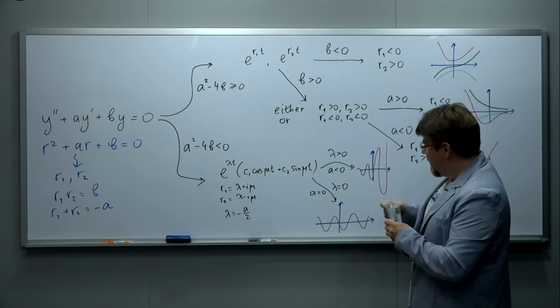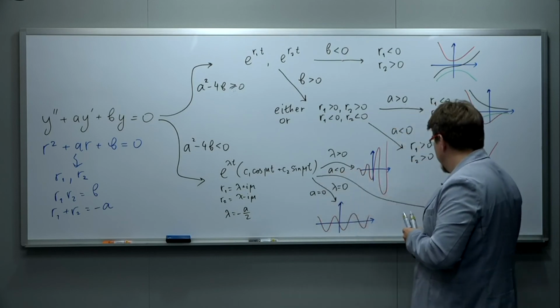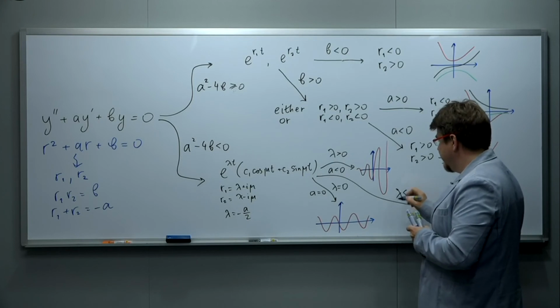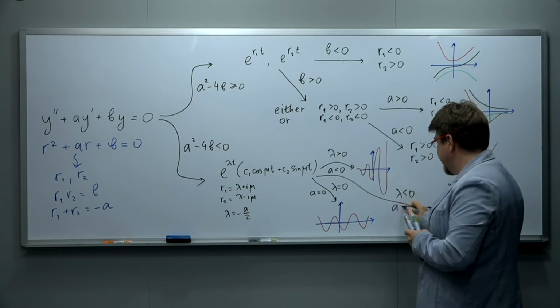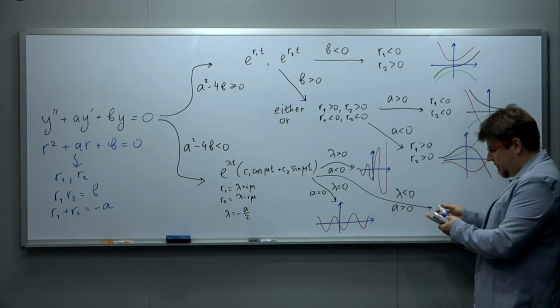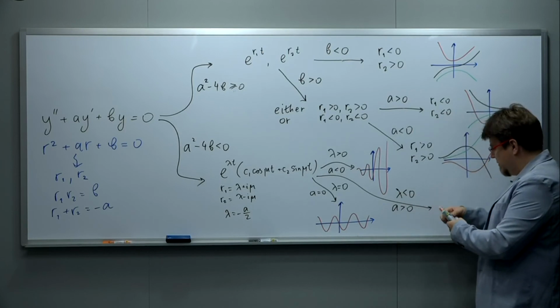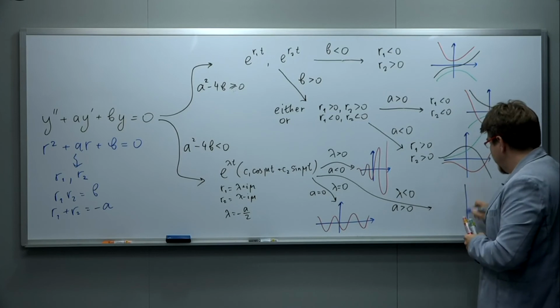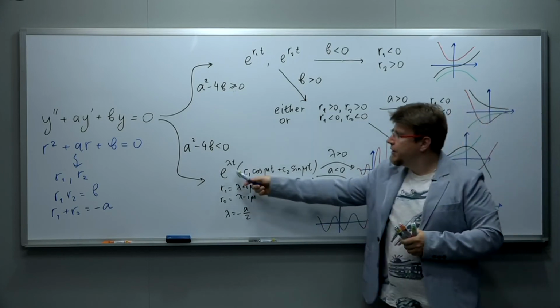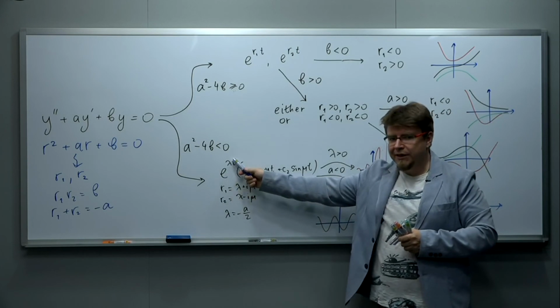Well, and the last case is, of course, when lambda is negative, which happens when a is positive. In this case, when lambda is negative, here we have e to the negative power t.